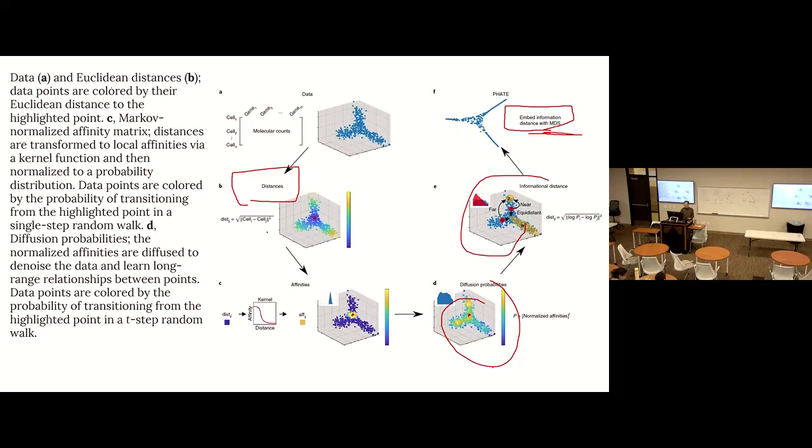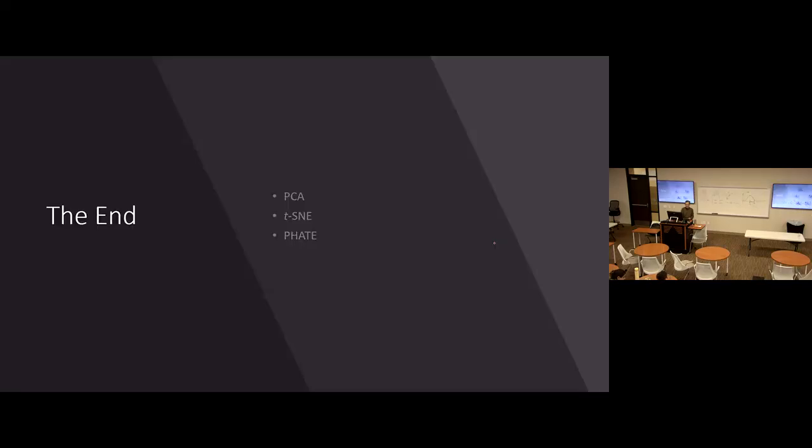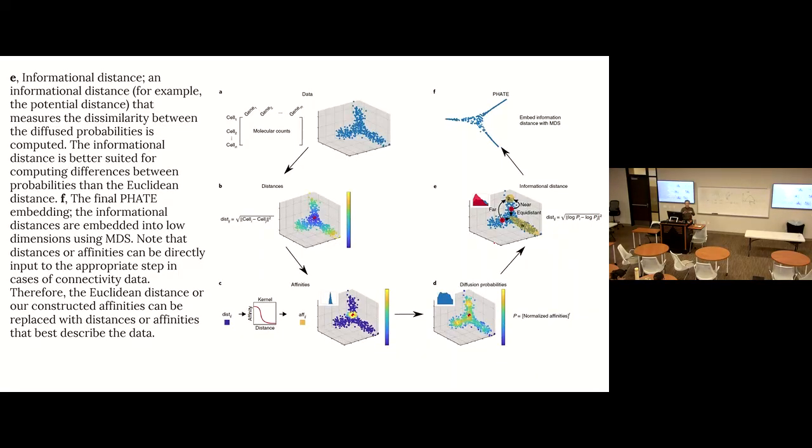The only difference from directly using distance to do MDS is it goes through this transformation and another transformation procedure to change the distance matrix from Euclidean distance to a distance defined with respect to the manifold of the structure of the data. Okay.